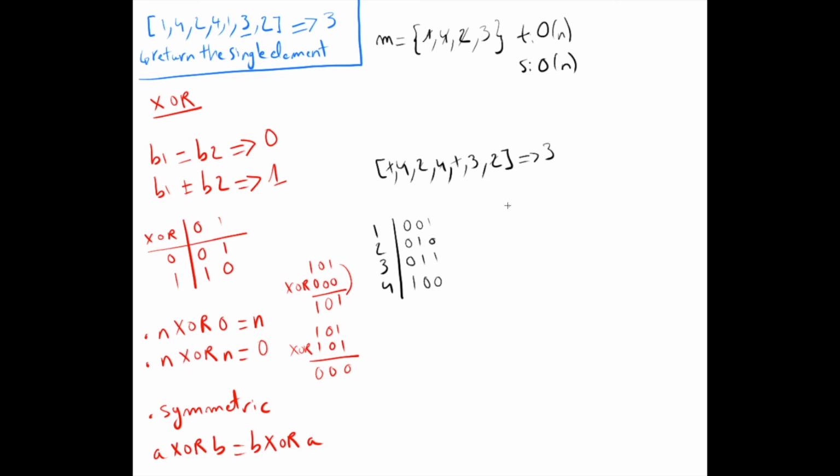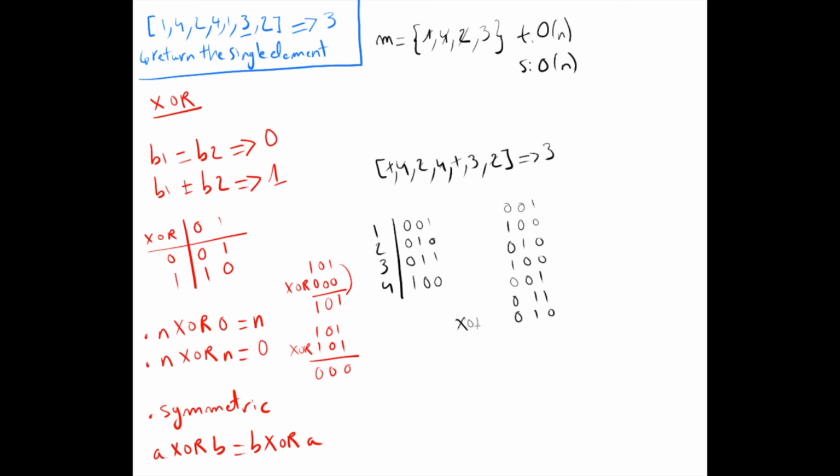So we will have 1, which is 0, 0, 1, 4 which is 1, 0, 0, 2 which is 0, 1, 0, 4 which is 1, 0, 0, 1 which is 0, 0, 1, 3 which is 0, 1, 1, and 2 which is 0, 1, 0.